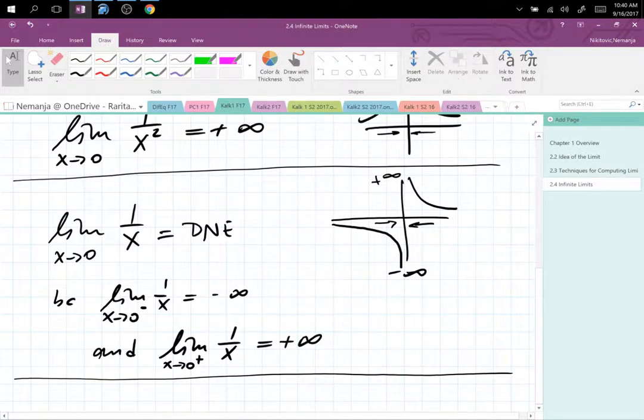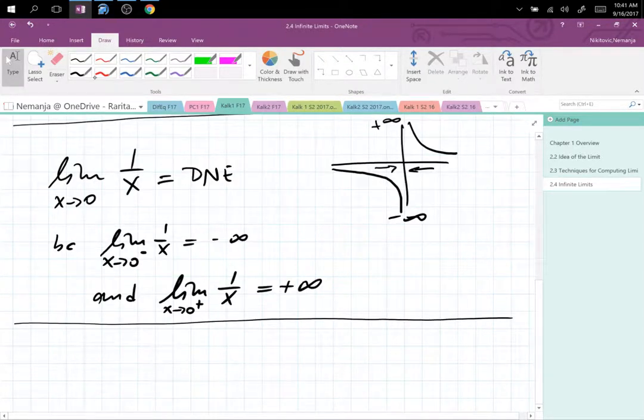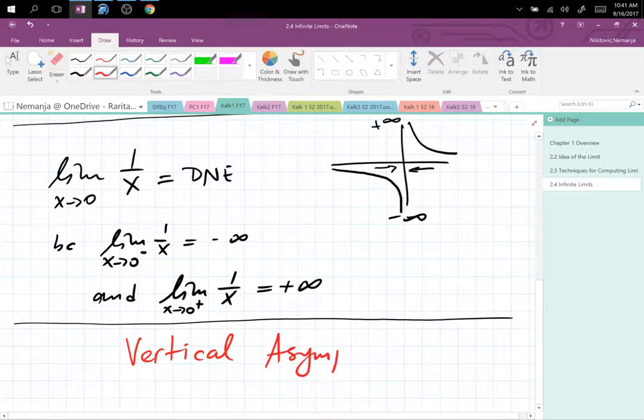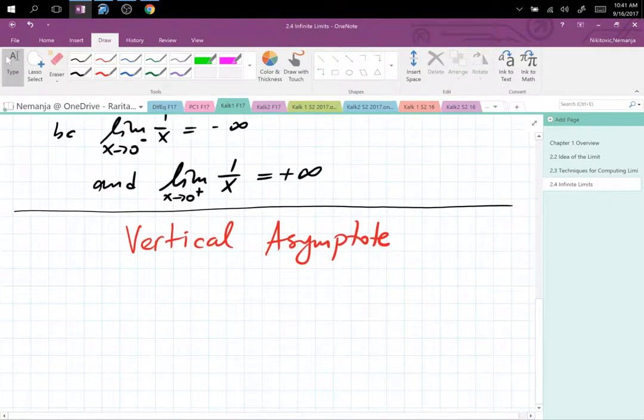What is the concept for infinite limits? Yes, which one? The vertical, yes. So the most important aspect of this would be the vertical asymptote. Vertical asymptote. That is the most important concept.